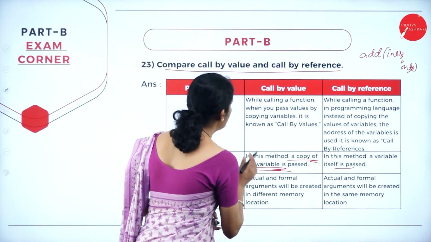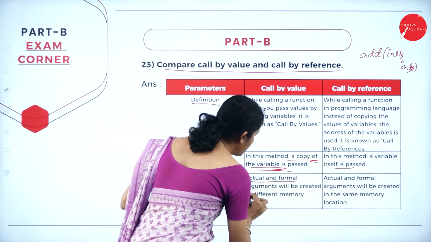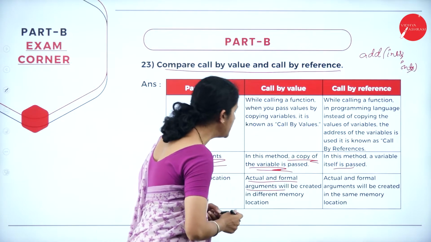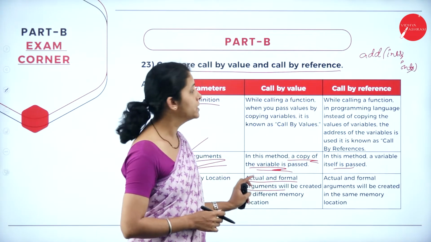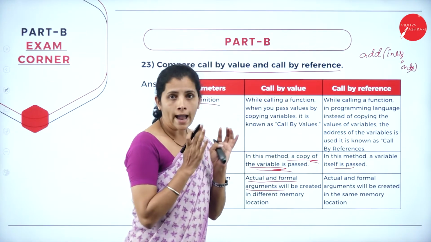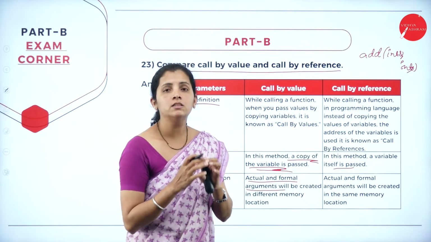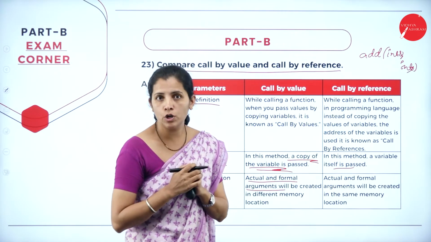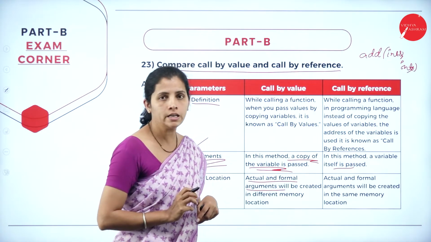Now, if I consider call by value, the actual and formal arguments will be created in different memory locations. That means two different memory locations are created.